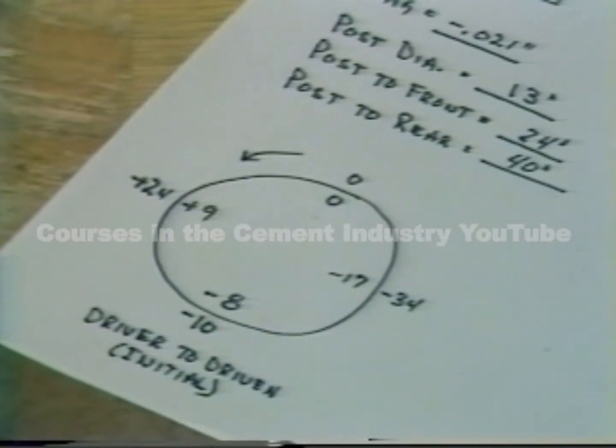Now how about angular? The top to bottom sum is 0 plus negative 8, or negative 8 thousandths of an inch. The side to side is positive 9 plus negative 17, or negative 8 thousandths of an inch. So the angular readings also check out.